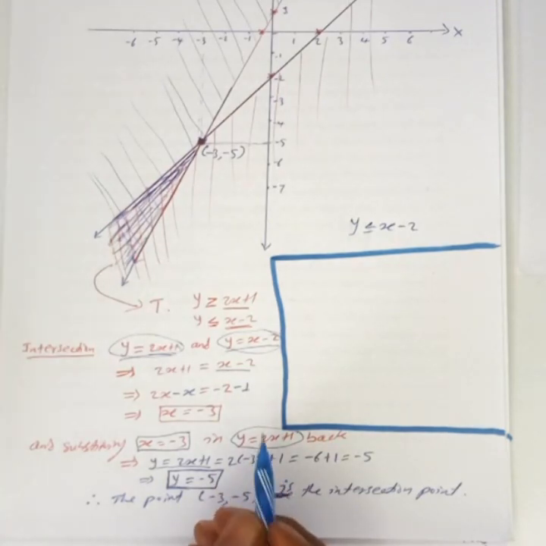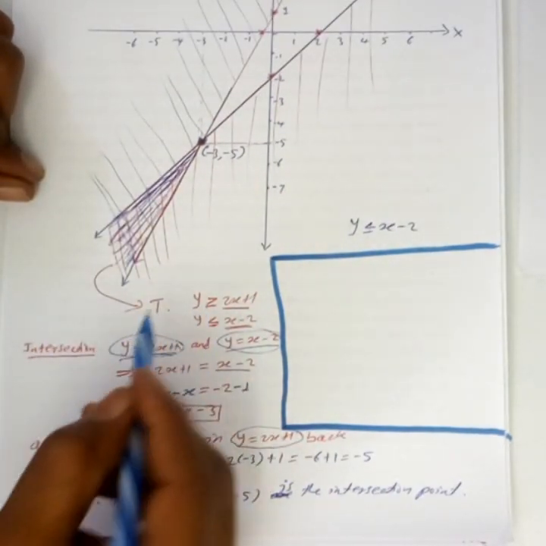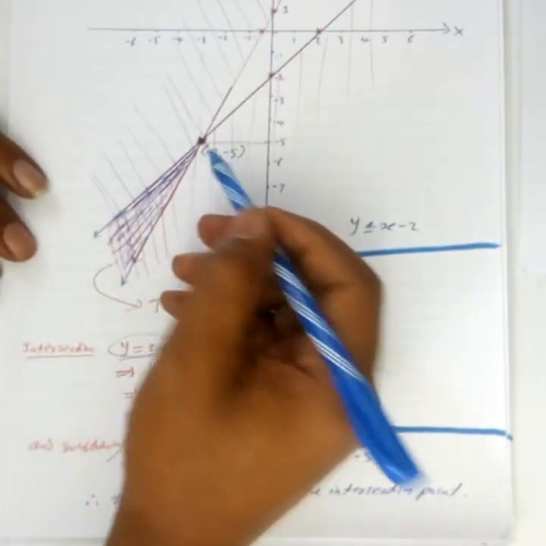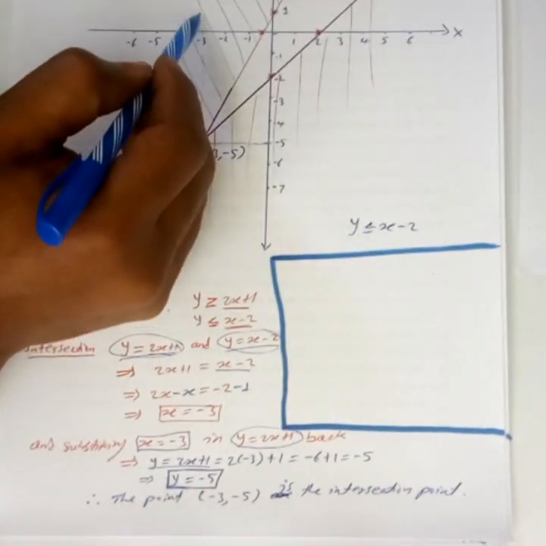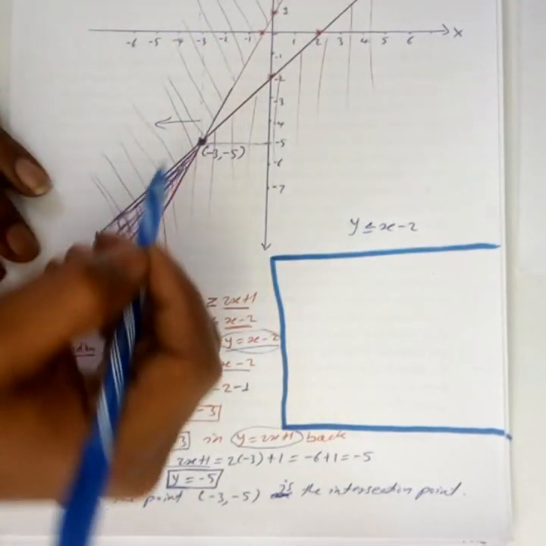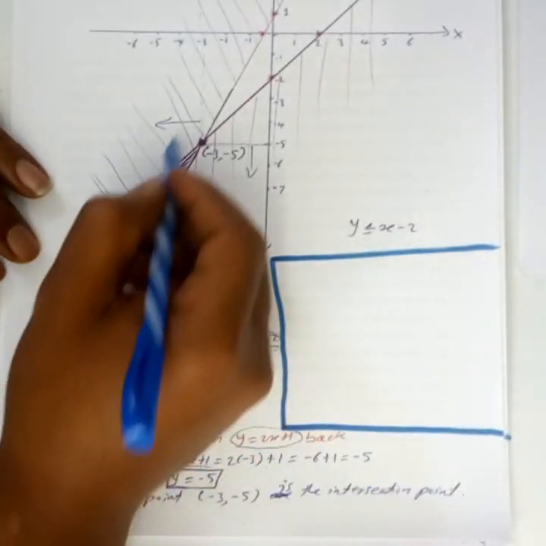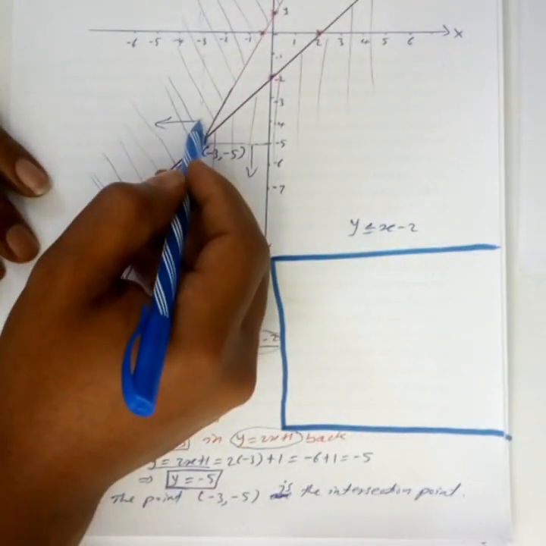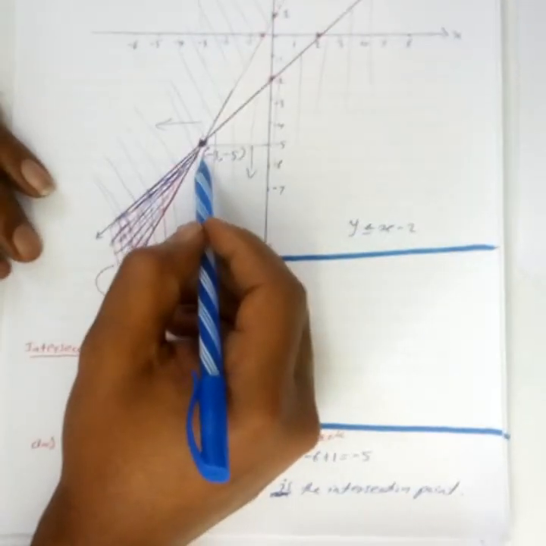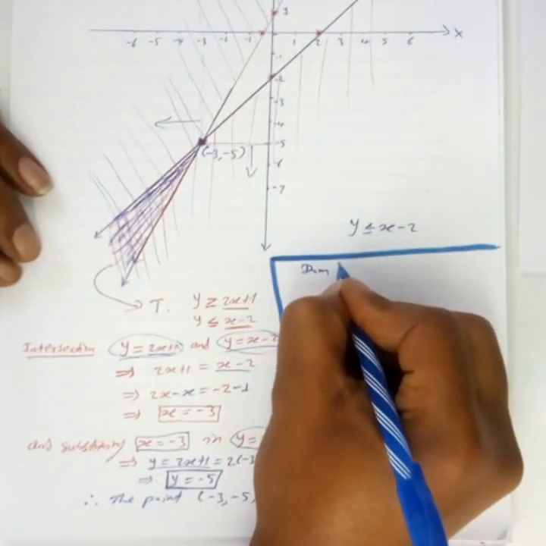After this, we can determine the domain and range easily by looking at the region where the relation is shaded. As you can see, the region is shaded below negative 3 and below negative 5. Therefore, the domain is the value of the x coordinate and range is the value of y coordinate.